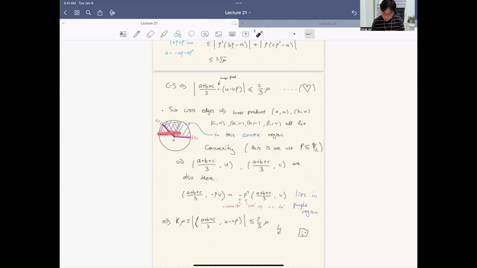But 60 degrees is fine. That means all these things still live in this upper unit disk with a strip of width k mu scooped out, excluded. That will imply that the norm of this is at least k mu. That's a contradiction to them having a small norm. Okay. Any question?